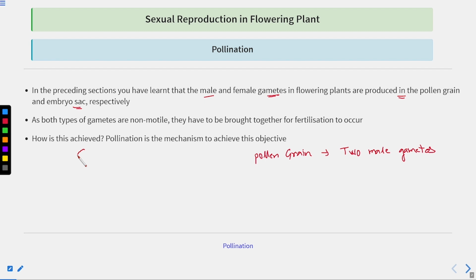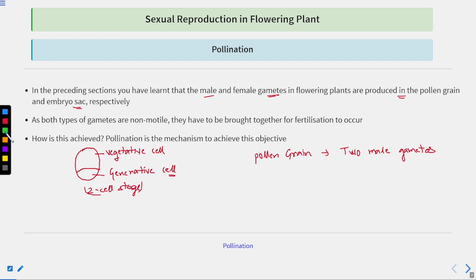So let's draw a pollen at 2-cell stage. There is a bigger cell, which is known as the vegetative cell, and the lower one is known as the generative cell. Now this is the pollen in 2-cell stage.